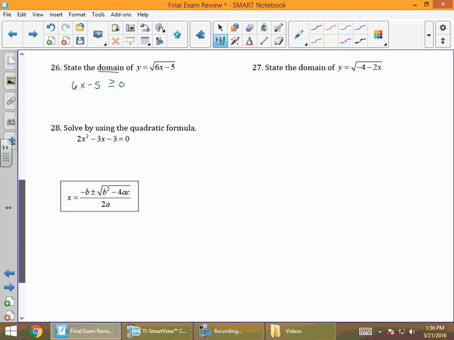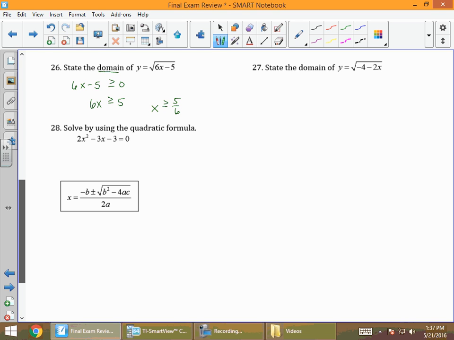Because we know if it's not, then it's imaginary. So add 5 to both sides, divide by 6 on both sides. So x is greater than or equal to 5 over 6. Don't forget, if you ever have to divide by a negative number, don't forget to flip your inequality to face the other way.